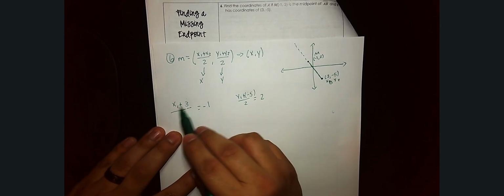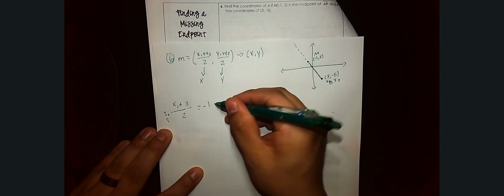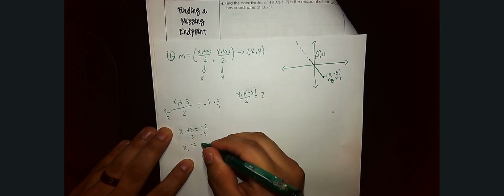How do I get this 2 off of this fraction? I just multiply by 2 on each side, and I get x1 plus 3 equals -2. Then I subtract 3 on each side, and my x1 would be -5.